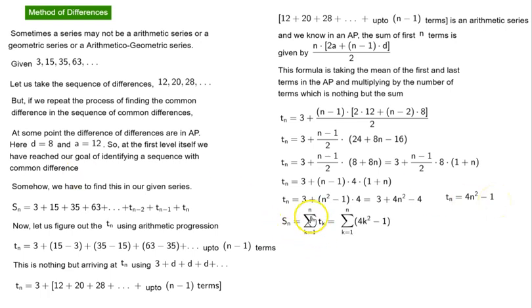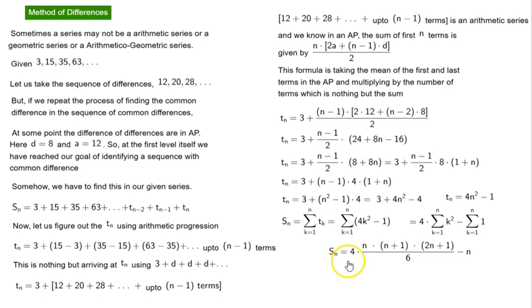Summation of t sub k from 1 to n is equal to the summation k equal to 1 to n of 4k square minus 1. Now we split this into two summations. We get 4 times the summation k equal to 1 to n of k square minus the summation k equal to 1 to n of 1. And we know the formulas for this.